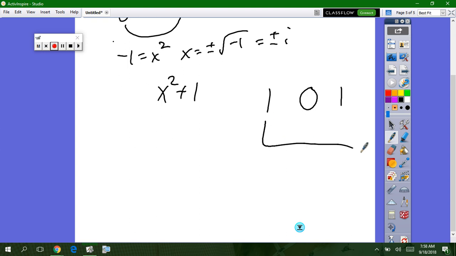One of our zeros was i, correct? We already know that. I'm just showing you that it can come about. So 1 times i is i. What's 0 plus i? i. What's i times i? Which is negative 1. Does it show it's a 0?